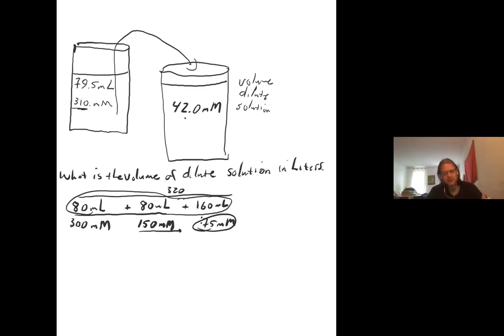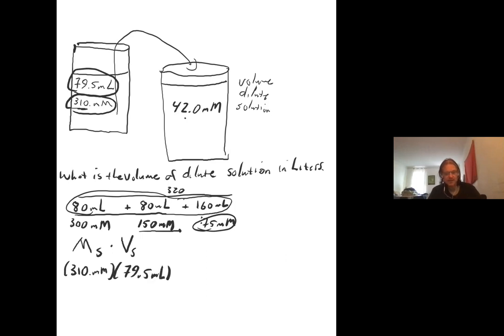But here's how we can do it. The molarity of the stock solution, we have that. That's 310 millimolar times the volume of the stock that you're going to use. And they tell you you're going to use 79.5 milliliters. Okay.